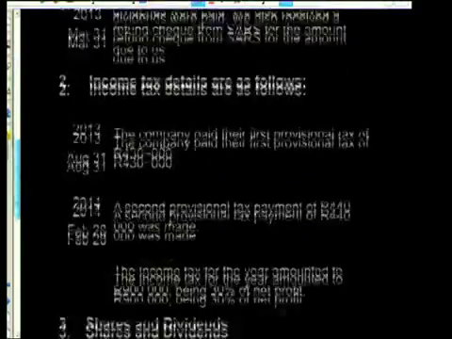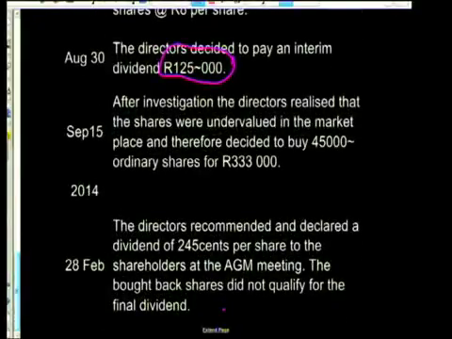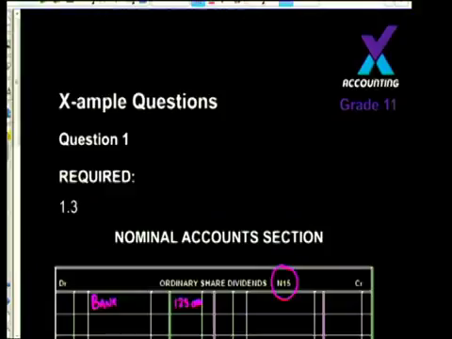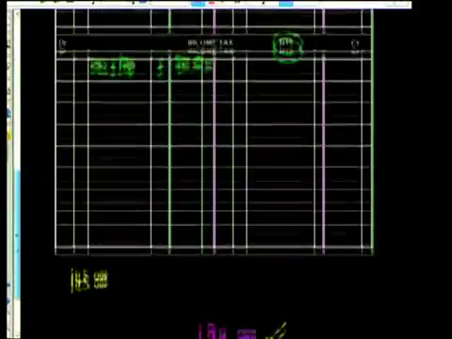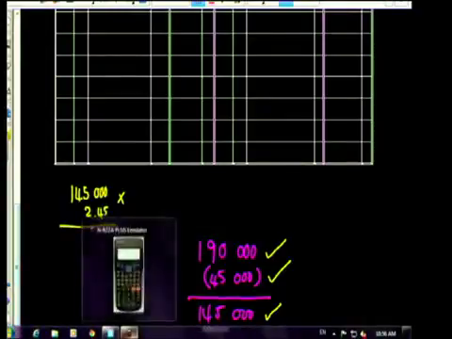Right, so if we have 145,000 shares, let's look at our dividend. Our dividend tells us that the final dividend recommended was 245 cents per share. In other words, what we have to do now is multiply that by 245 cents, which is 2 Rand 45, and let's do that on our calculator.